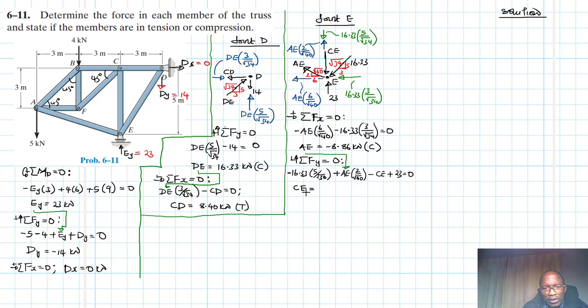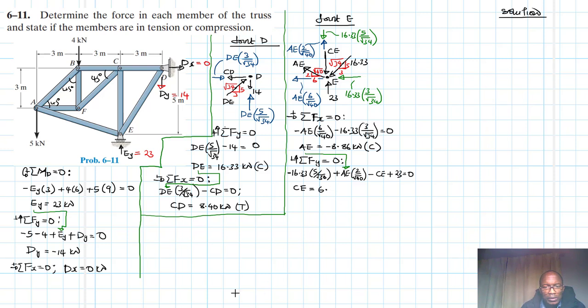CE therefore is just going to be equal to minus 8.86 by 2 divided by root of 40 plus 23 minus 16.33 by 5 over root of 34. So we have CE is going to be equal to 6.2.